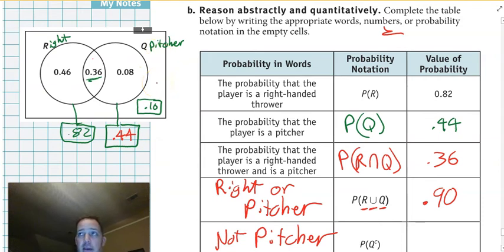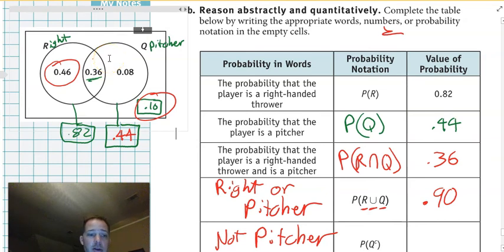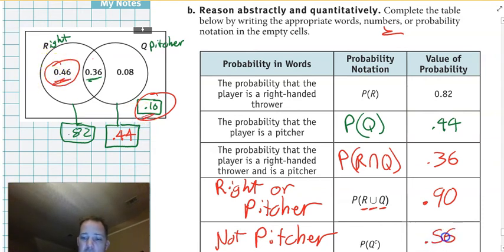It's called a complement because it's the rest of it that adds up to 1. So 0.56 should be the rest of that. Or if you add these two together, the part that's not in the pitcher, you should get 0.56. So two different ways to do that: subtract from 1, or add up the other regions that aren't a pitcher, like this section here and this section. Either way, you get 0.56.